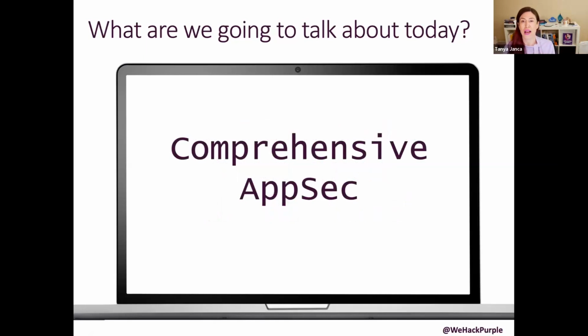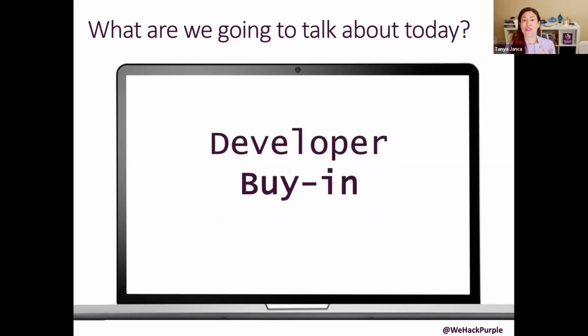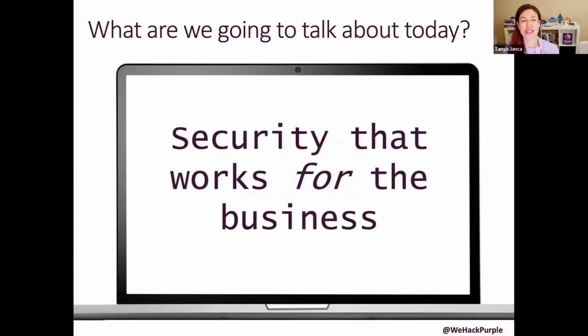We're going to talk about how to have more comprehensive security, specifically security for software. So that is my main interest point, which is how to make sure the software we create is safe and secure, and how do we maintain it so it continues to be secure. We're going to talk about developer buy-in, because without them, we can't really get much done. And then security that works for the business and with the business instead of against the business.